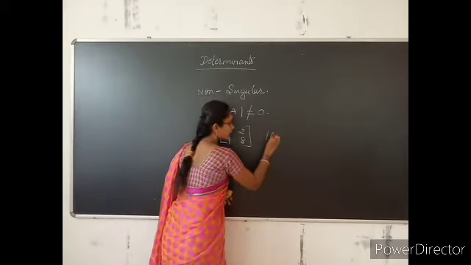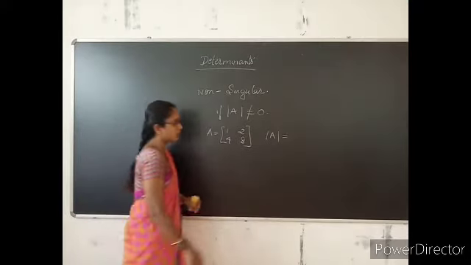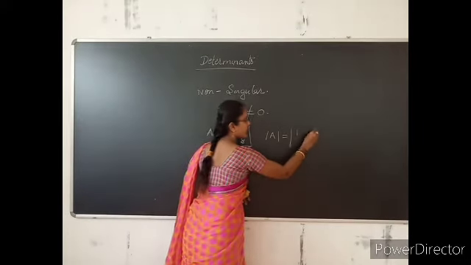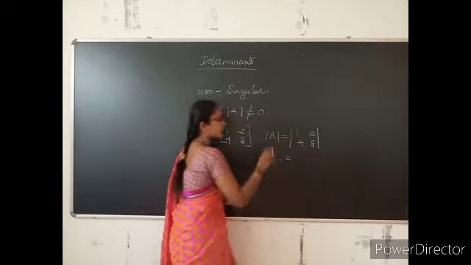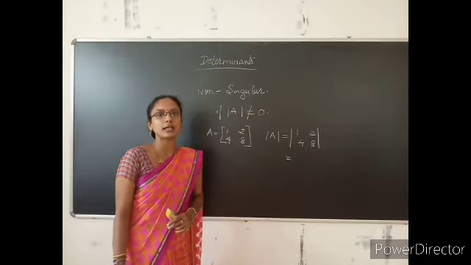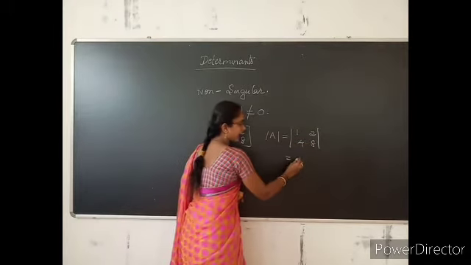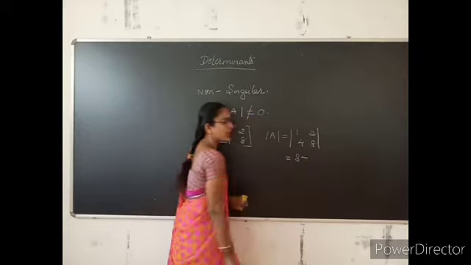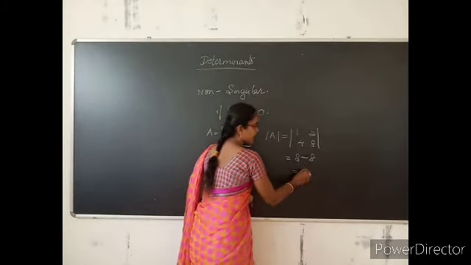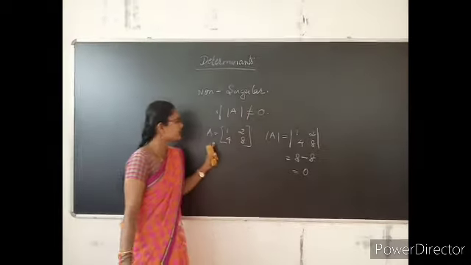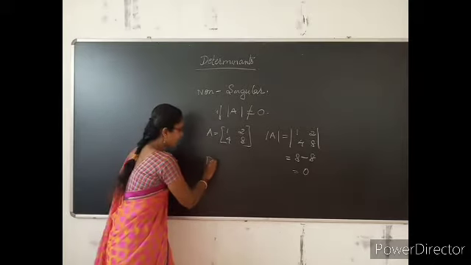Let's check the determinant of this. Determinant of A is the determinant of 1, 2, 4, 8. You know how to find the determinant of a 2 by 2: multiply the diagonal elements minus multiply the non-diagonal elements. 1 into 8 minus 4 into 2, that is 8 minus 8, so the value is equal to 0. That means matrix A is a singular matrix. I'll take one more example.